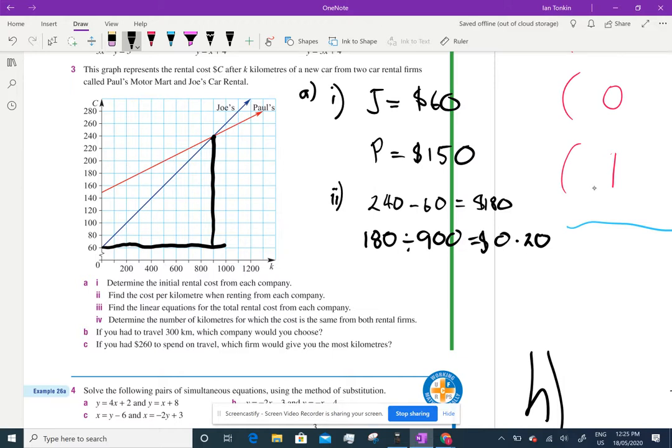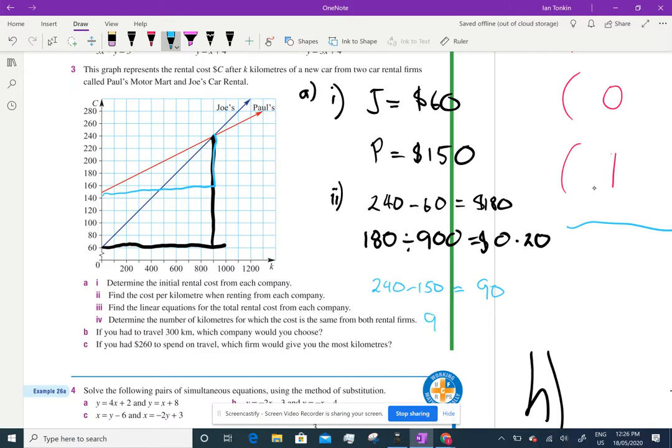Paul, on the other hand, if I do my little triangle from here to here, for the 900 it goes from 150 to 240. So 240 minus 150 is 90.